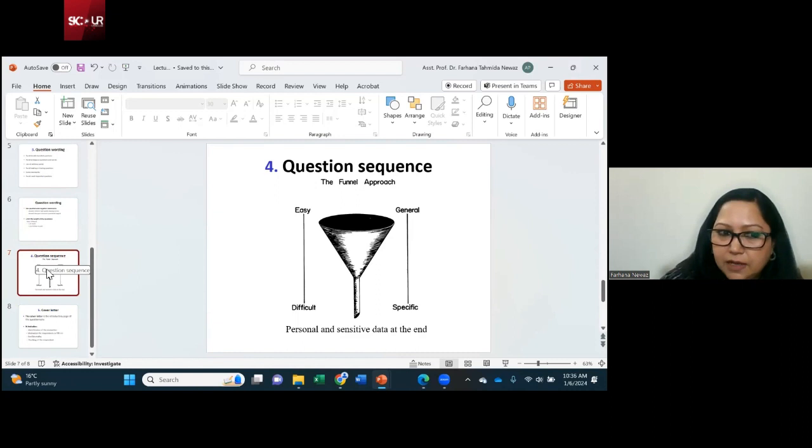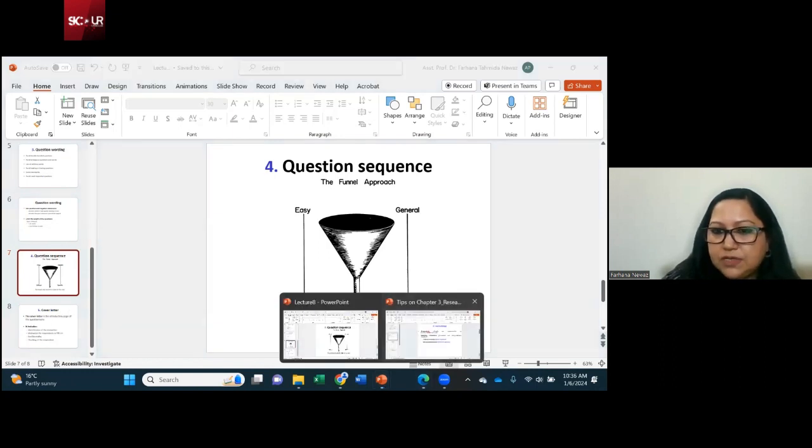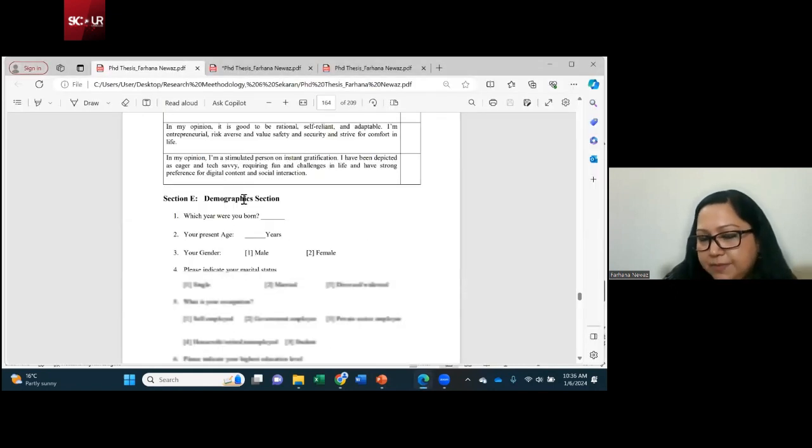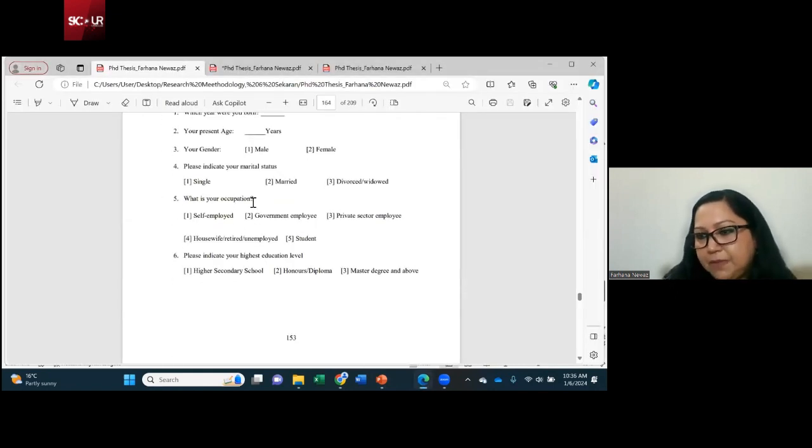But for demographic variables, you just go for ABC, as I showed here. For the objective variable, you just need ABCD, multiple choice.